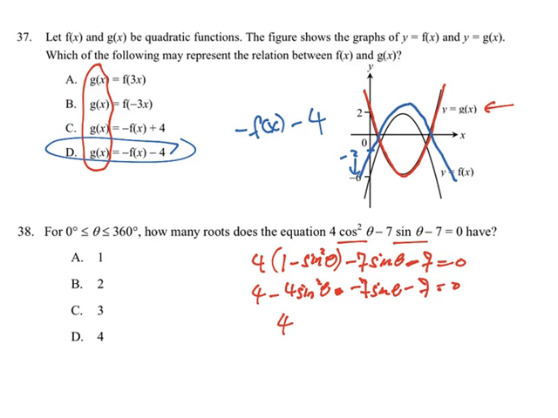After simplification, we can get 4 sine square theta plus 7 sine theta plus 3 equal to 0. Then you can apply the formula. Sine is equal to negative 1, or sine equal to negative 0.75.